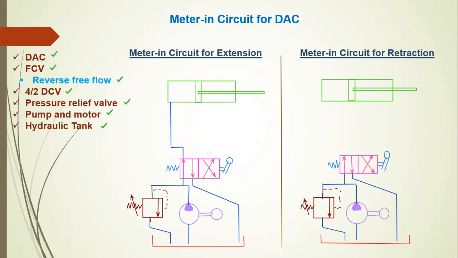The other side of the actuator we connect to the direction control valve. We draw the same connection on the other side.